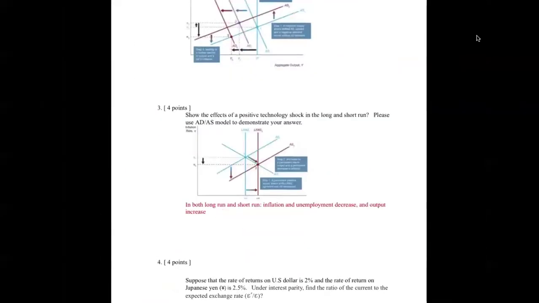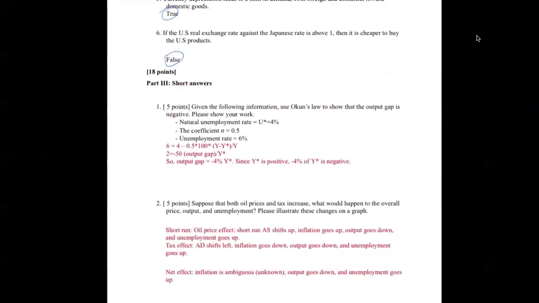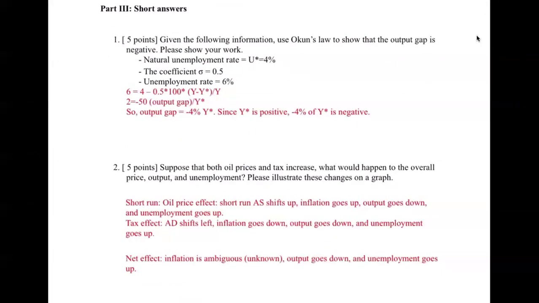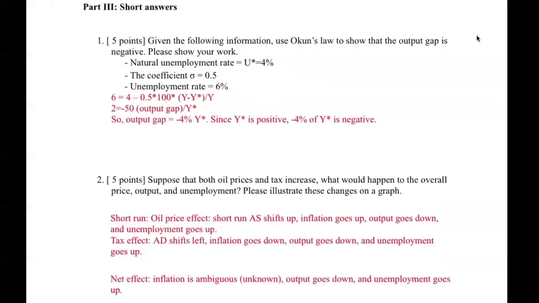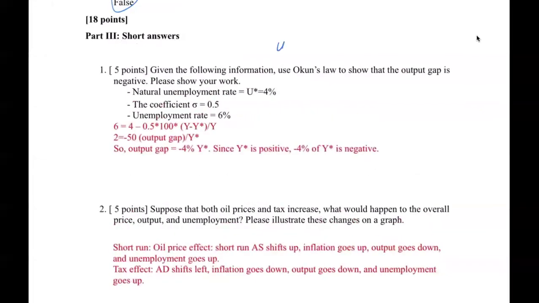And for part 3, we have a short answer question. Actually, I don't know if you have realized that all these short answer questions come from your homework questions. First one, Okun's law. Remember, Okun's law is just that the unemployment rate equals the natural unemployment rate subtract sigma times 100 times (y subtract y star) over y.